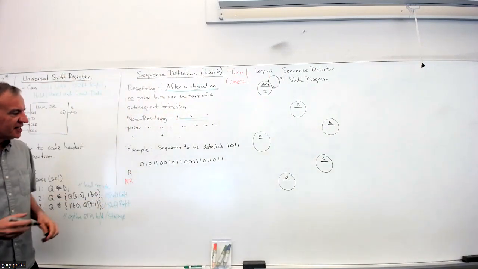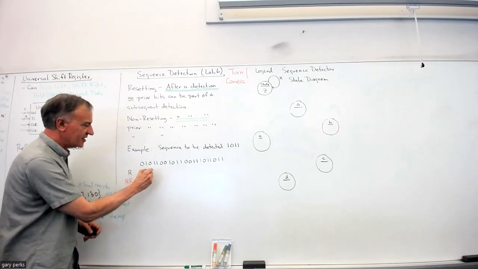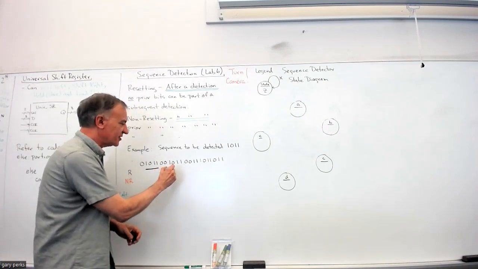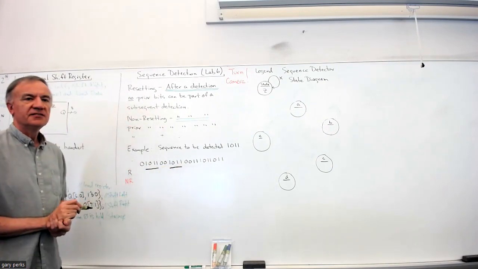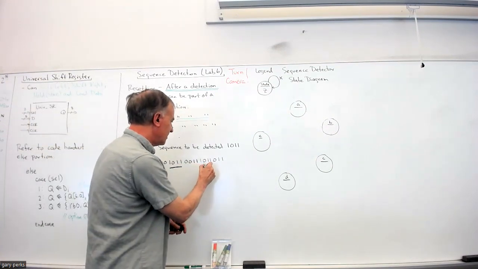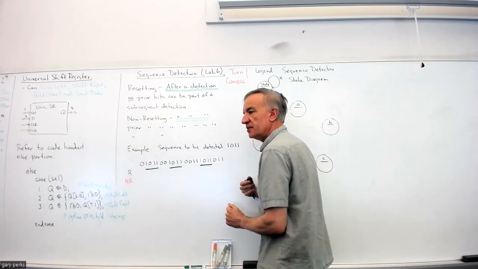Okay, so if we have resetting, we're looking for 1, 0, 1, 1. We're going to have a detection here, right? 1, 0, 1, 1. We're going to have another detection here. Okay, we're going to have another detection here, right? This 1, 0, 1, 1.